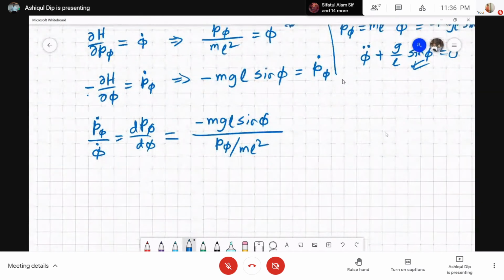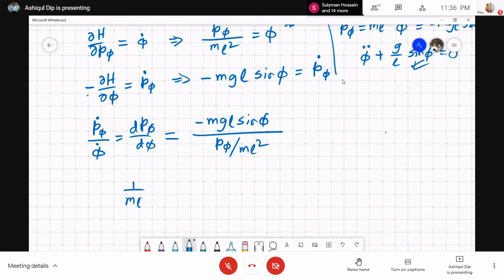Okay, so now we do the same thing. 1 over ml squared p phi dp phi equals minus mgl sine phi d phi, right?